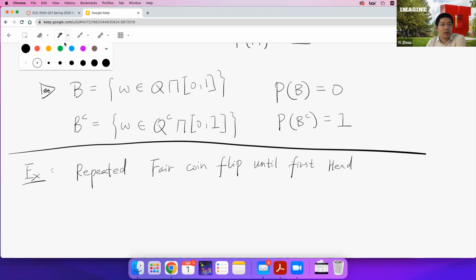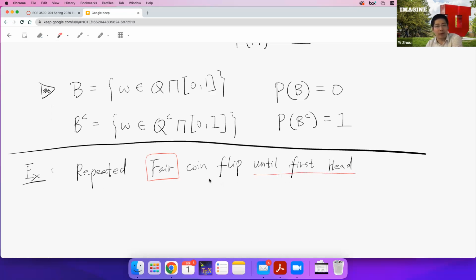There are two keywords here. One is that this is a fair coin, so we are equally likely to get head and tail. And the second is that we will repeatedly flip this coin until we observe the head.